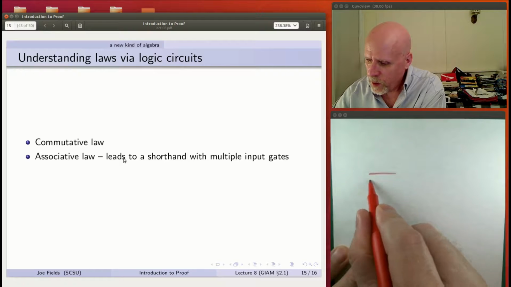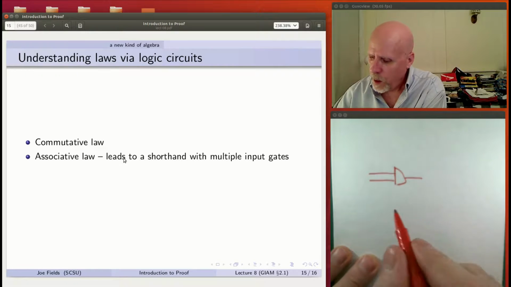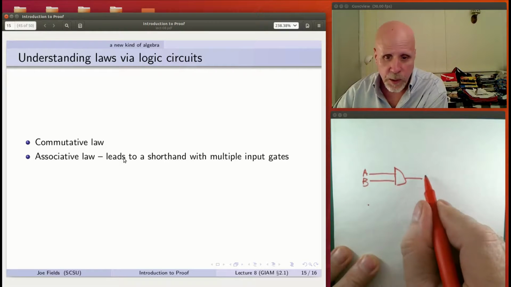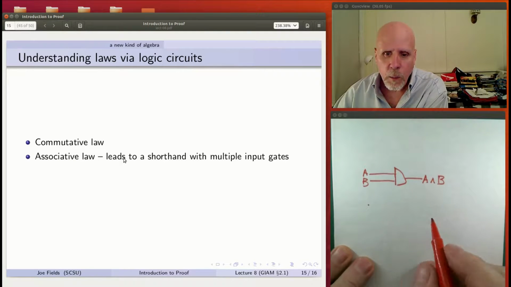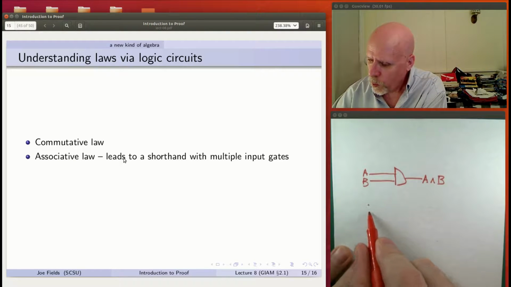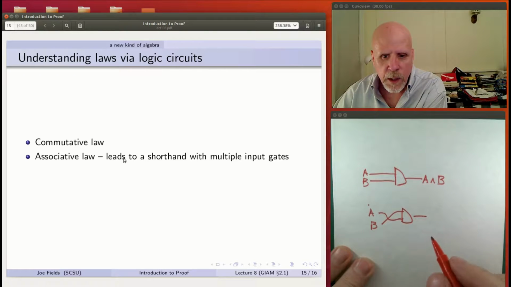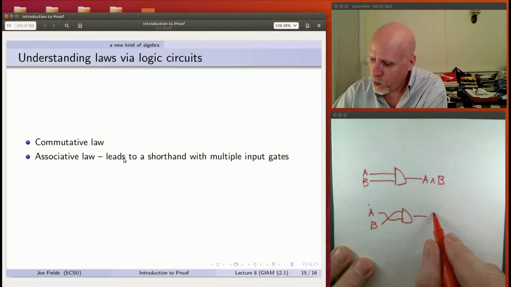One of them is just this: if you run two inputs into an AND gate, suppose that was A and B, then the output is A and B. What if you just ran them in the other order? So you took A and B, and you switched them around, and then let them go into the AND gate. What is the meaning of that? It doesn't change anything. The output has to have both of them on in order to become on, so it's still A and B.